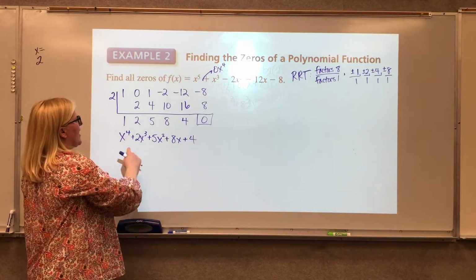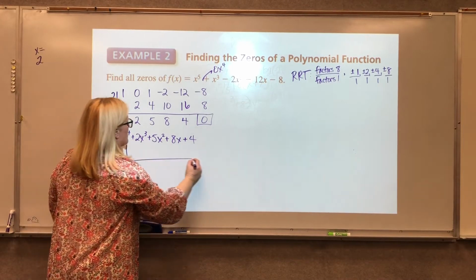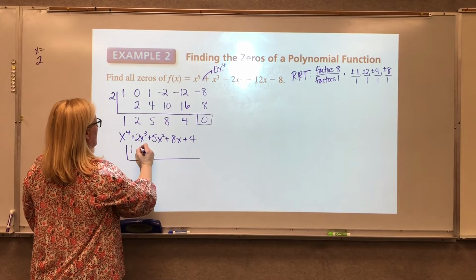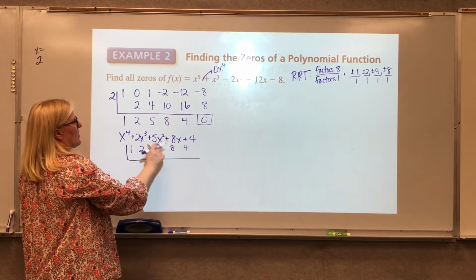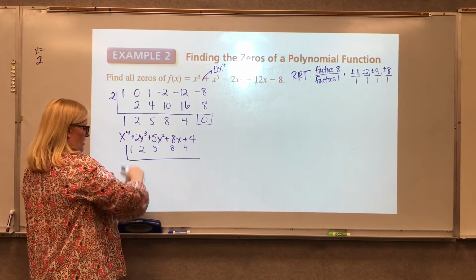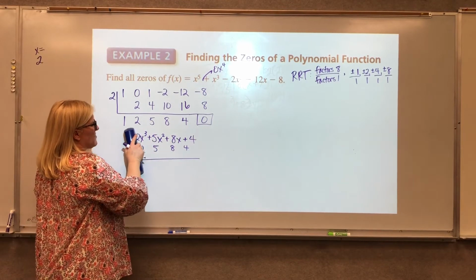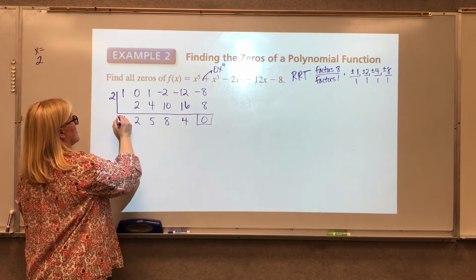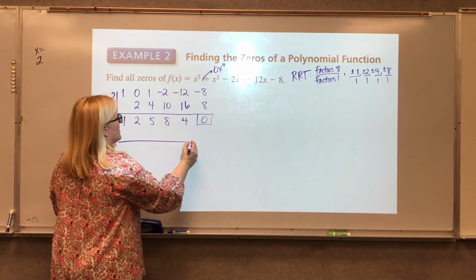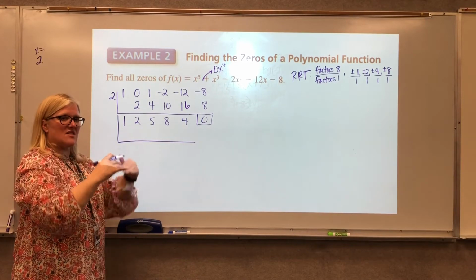Now if I take this out, I do 1, 2, 5, 8, 4. If I get those coefficients out, it's the same thing as up here. So really, I can skip this step because I'm just going to use this again. It's kind of like stacking my synthetic division.